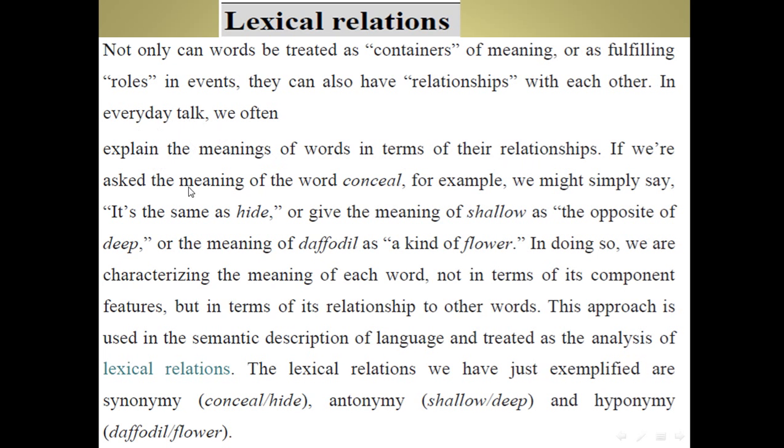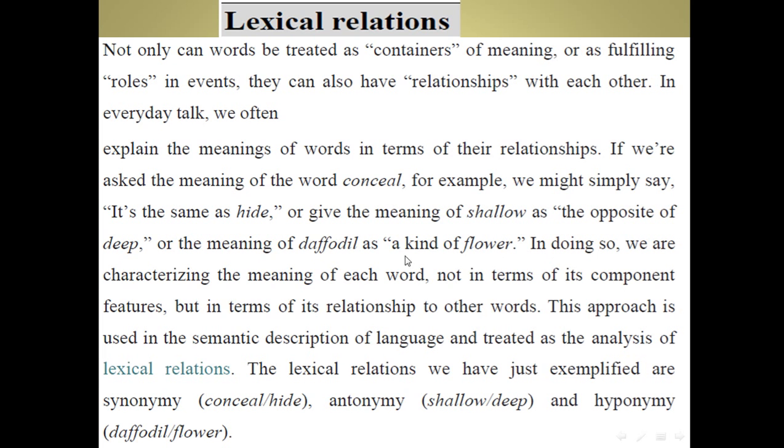If we are asked the meaning of the word conceal, for example, we might simply say it's the same as hide, or give the meaning of shallow as the opposite of deep, or the meaning of daffodil as a kind of flower.